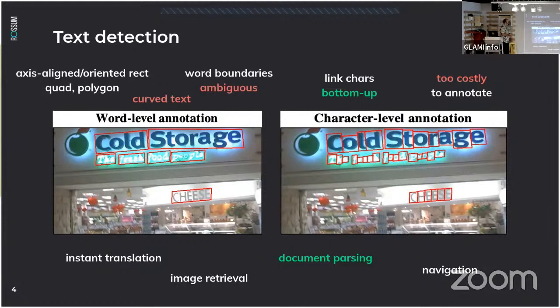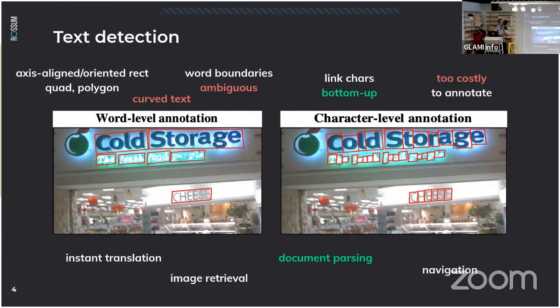So this method tries to use the characters as the basic element of text. And it tries to find individual characters and then link them together, bottom up, to make fragments of text or words.